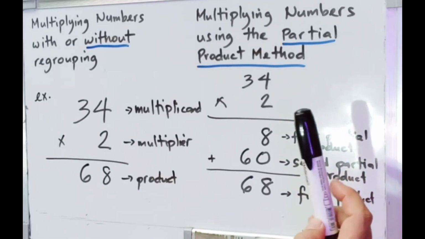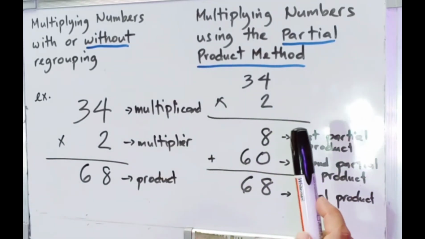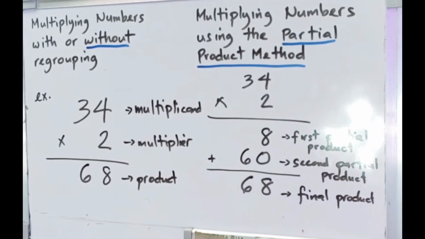Then next is to multiply the 2 by the tens digit. But remember, 3 here is in the tens place, so its value is 30.